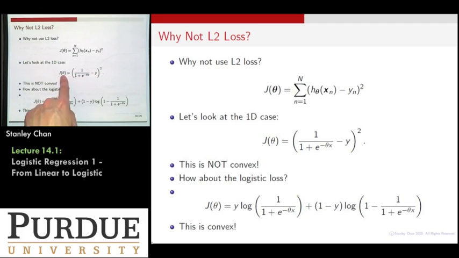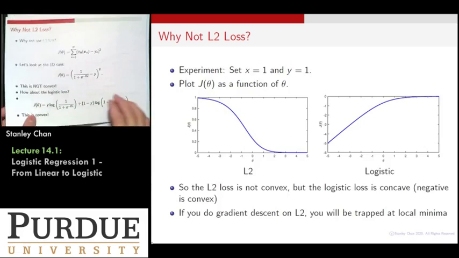You look at this J function, and you can prove that it's actually not convex. And how about this logistic loss? This logistic loss is complicated in theta, however, it's actually convex in theta. And therefore, by solving the L2 problem, you're not guaranteed to get a global minimum. But for this one, you have a lot easier problem to work on because that will give you a global minimum.